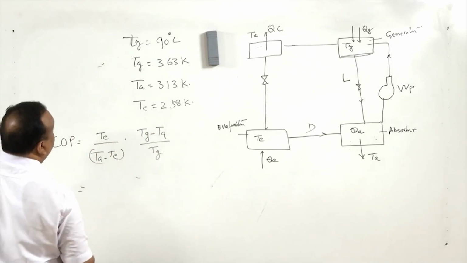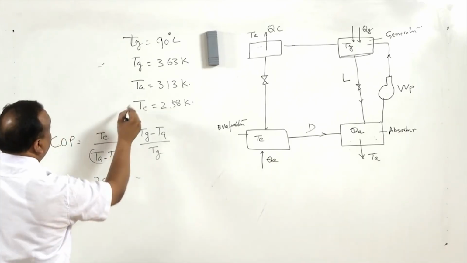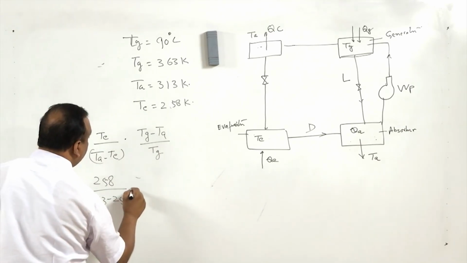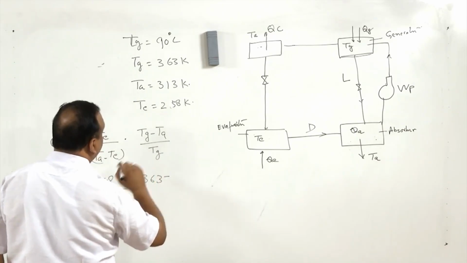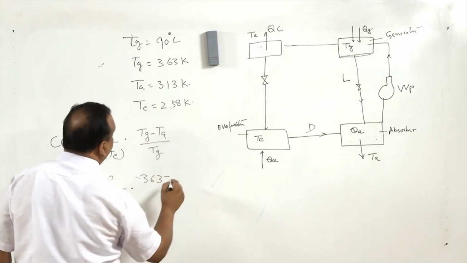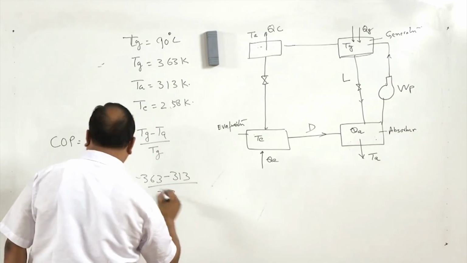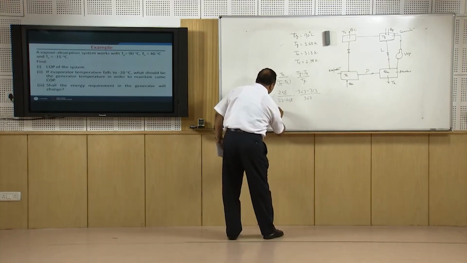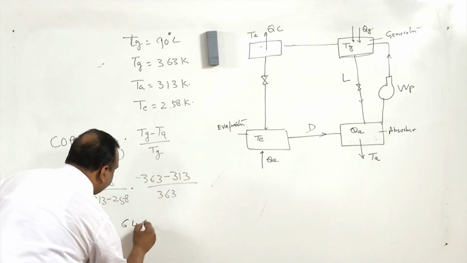So if we take TE as 258 divided by TA 313 minus 258, multiplied by TG 363 minus TA 313 divided by 363. If we solve this, COP of the system is 0.646.